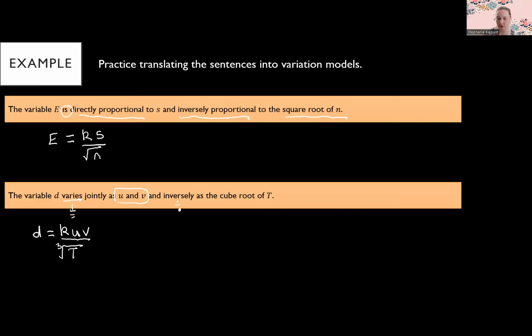Jointly means what follows are being multiplied together. So u and v are being multiplied together, and they're being multiplied with the k. Then we've got inversely, which is the fraction, you're dividing, and then you're dividing by the cubed root of t. So you write your cubed root symbol, and then t goes inside there. Any questions?